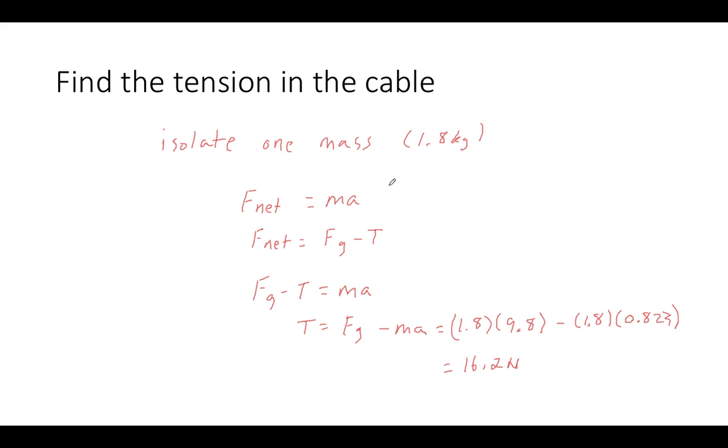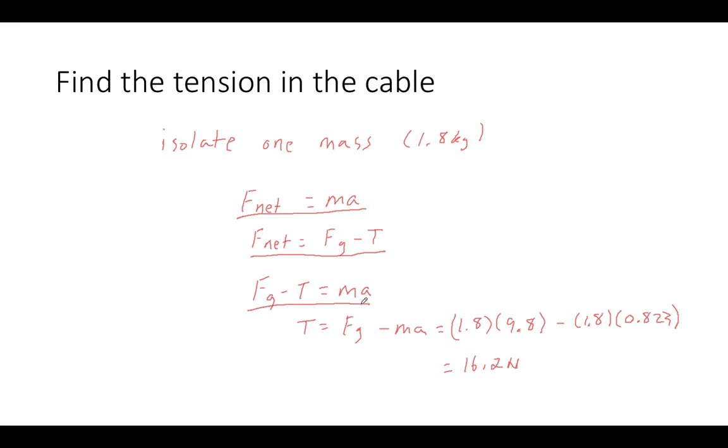Okay, so you're just simply setting up an equation for one of the masses and taking a look at the net force on that, which is equal to mass times acceleration, and then setting up a second equation for net force, which equals the sum of the forces, and then equating the two equations together and making a single equation. So that's the steps used to solve for the tension force.